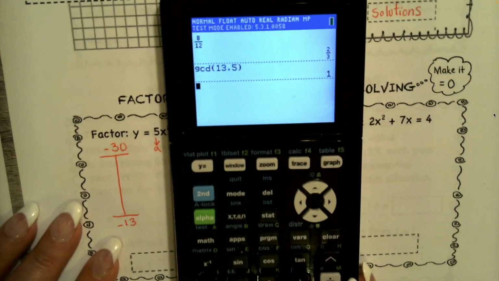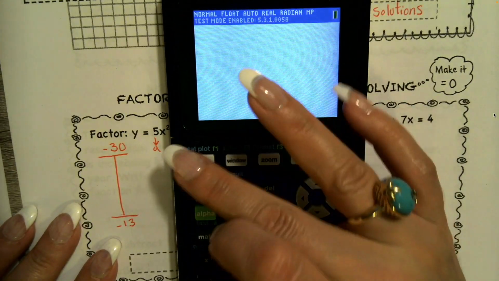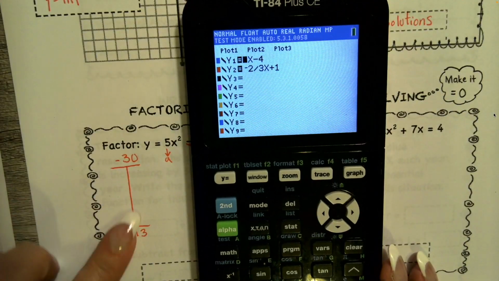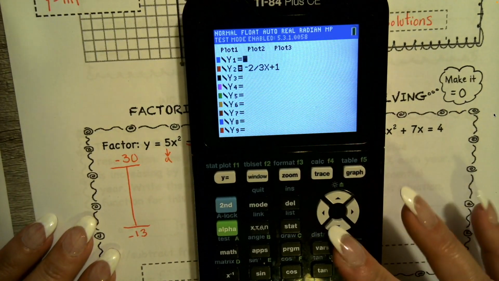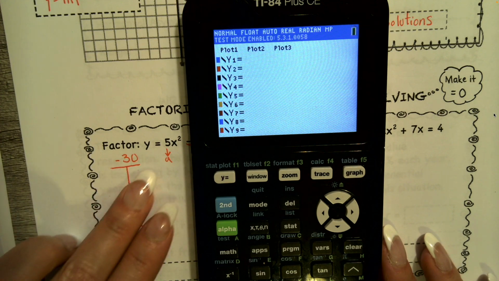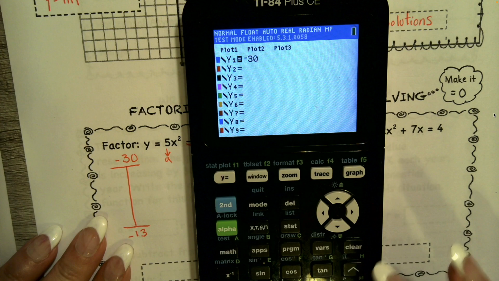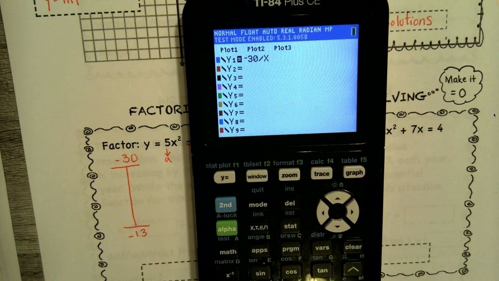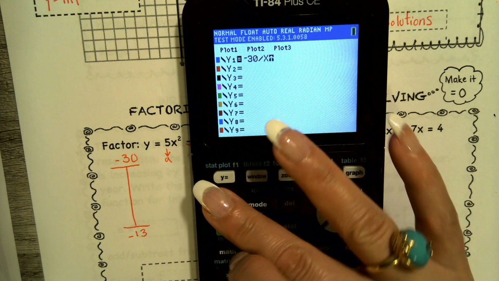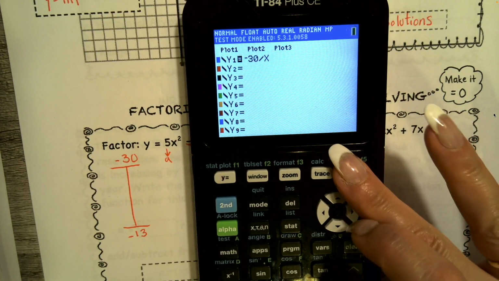What am I talking about? Let's go ahead and grab your calculator again. So for finding your table, you go ahead and first clear it. You do this A times C, which is negative 30, divided by X. We did this a lot, so you should remember that. Then you do second graph to be able to see your table.